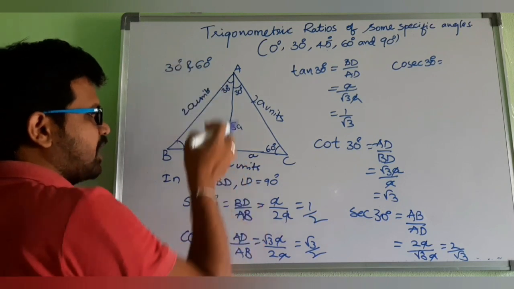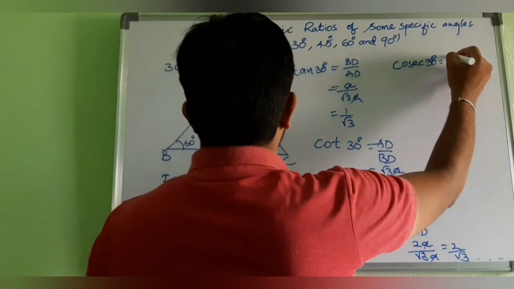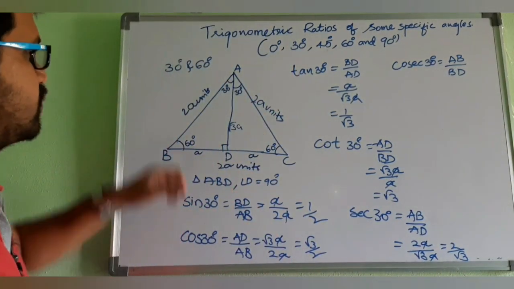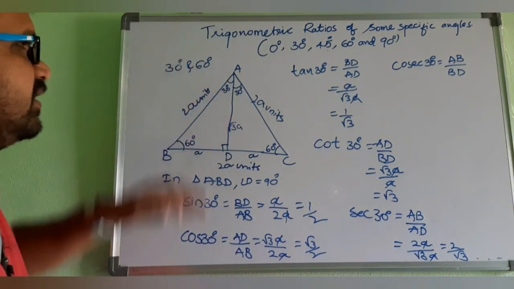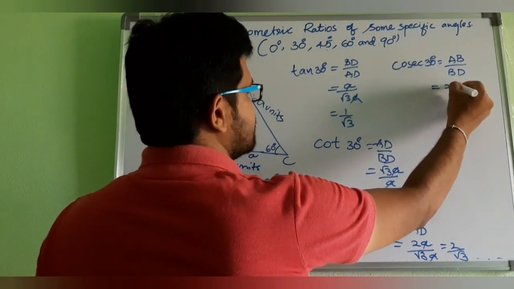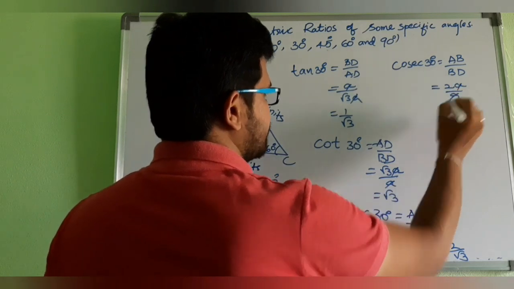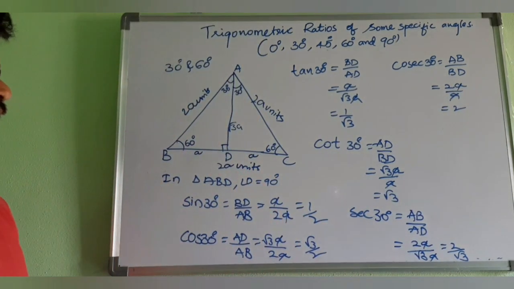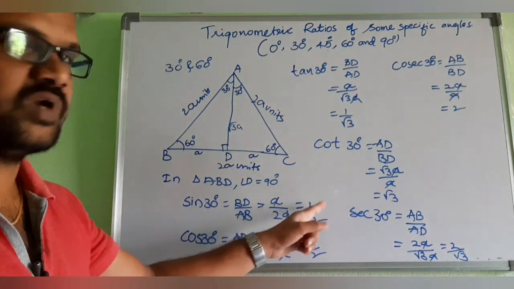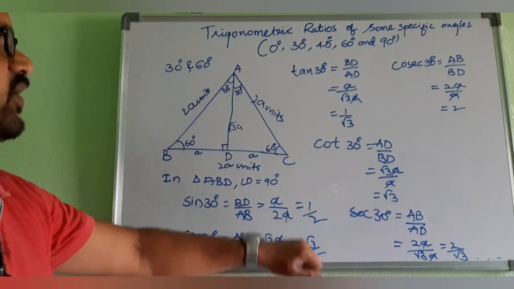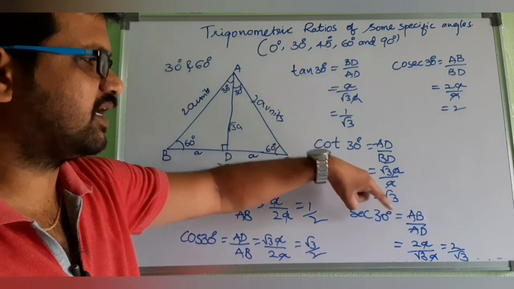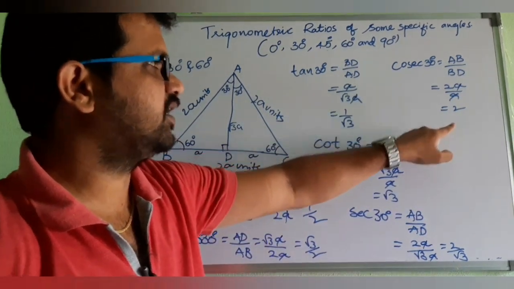Hypotenuse by opposite, that is AB by BD. So hypotenuse AB and BD is opposite. So that is 2A by A, cancel, that is 2 units. So now these are the trigonometric ratios of 30 degrees. Sin 30 is 1 by 2, cos 30 degrees root 3 by 2, tan 30 degrees 1 by root 3, cot 30 degrees root 3, secant 30 degrees 2 by root 3, cosec 30 degrees is 2.